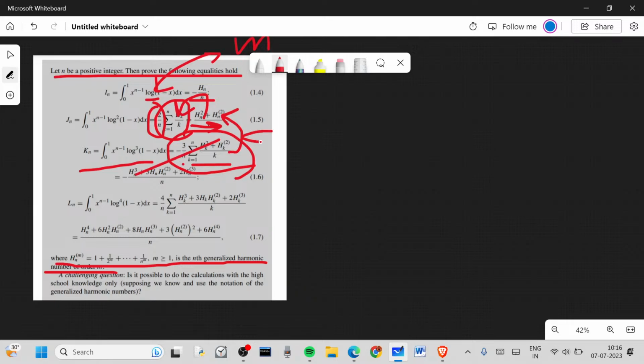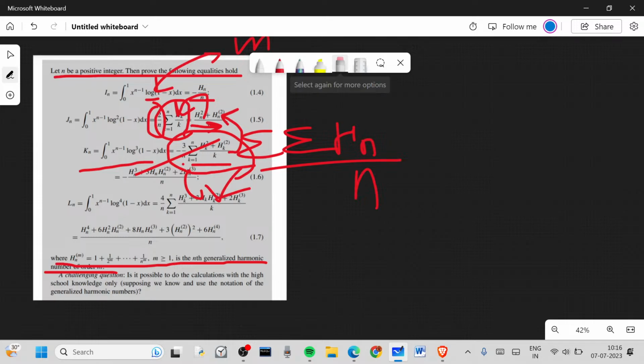In the second part, when we have the square, it's saying 2 by n times the sum of H_k by k, which is equivalent to something we will see. In the third part, it's minus 3 by n times the sum of something, and by coincidence this something is the same as this. So I think it means minus 3 by n, the sum of H_k by k, and the fourth is the sum of this.